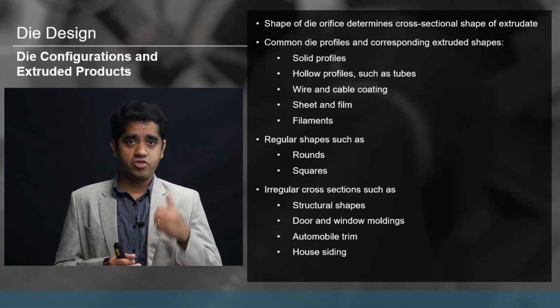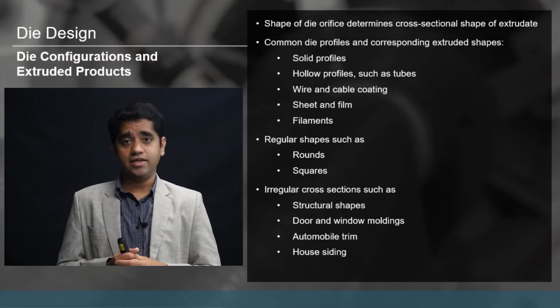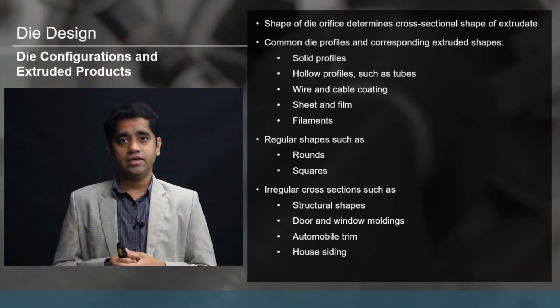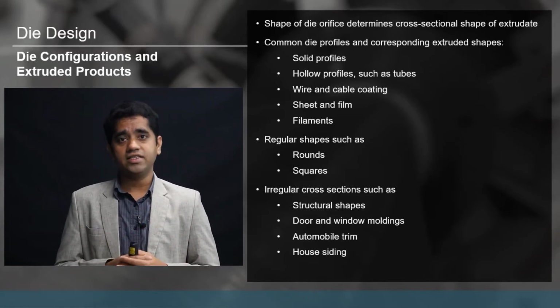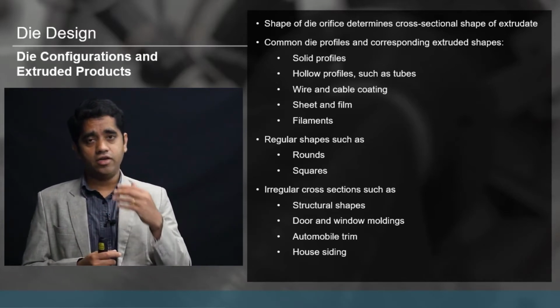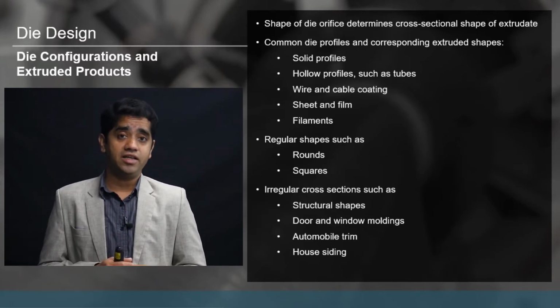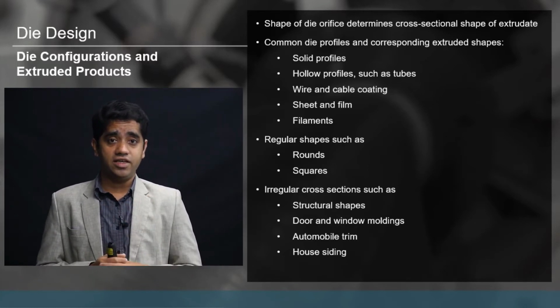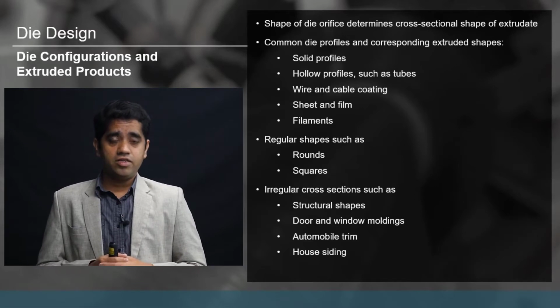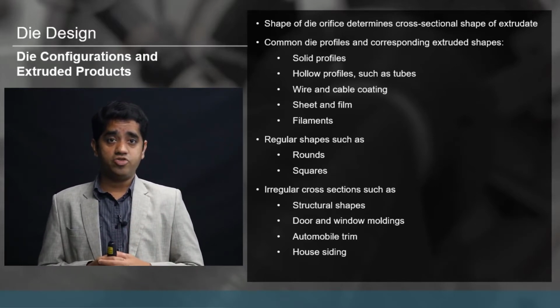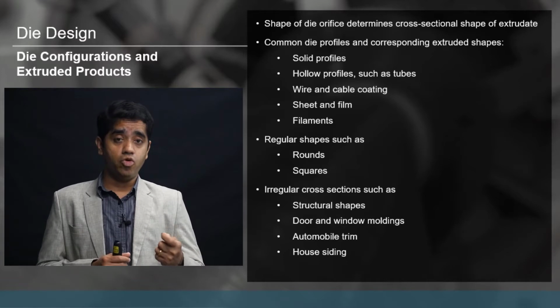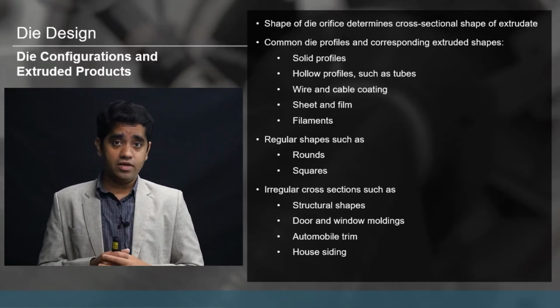So the regular shapes could be round, squares, or rectangles, or even hollow rectangles. A lot of different things. Again, a hollow rectangle or rectangle shape could be the common decking material that you can see in outdoor applications. Some of the irregular cross sections could be structural shapes and door and window moldings, and some of the other examples that you have seen in co-extrusion.